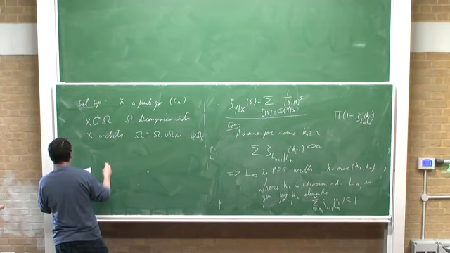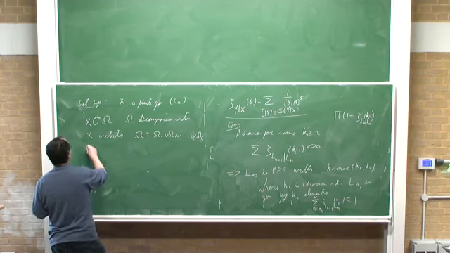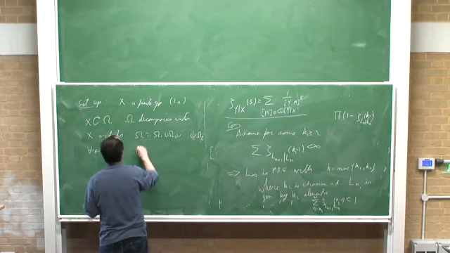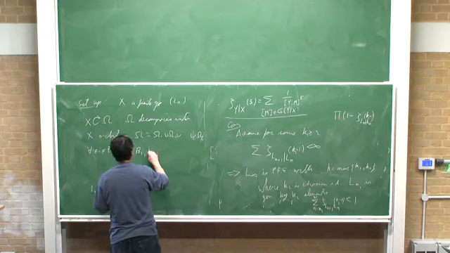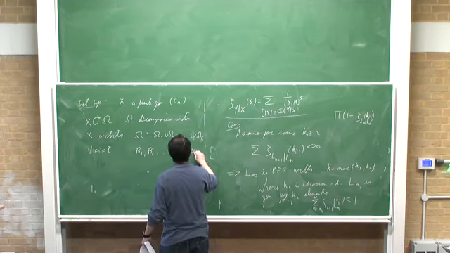For each i between 1 and t, we are going to have some b1, b2, up to bt, some perfect groups.